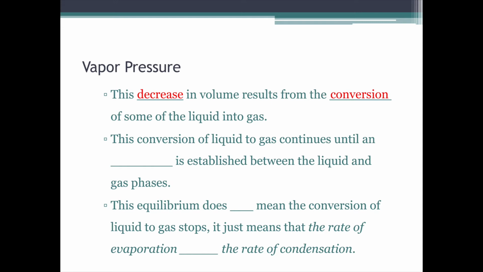So the conversion of liquid to gas continues until an equilibrium is established between the liquid and the gas phases. Now, this equilibrium does not mean the conversion of liquid to gas has stopped. It just means that the rate of evaporation equals the rate of condensation. So I'm becoming a gas just as much as that gas is returning to becoming a liquid. And that only happens because it's in a closed container.